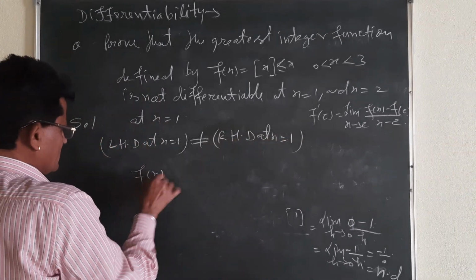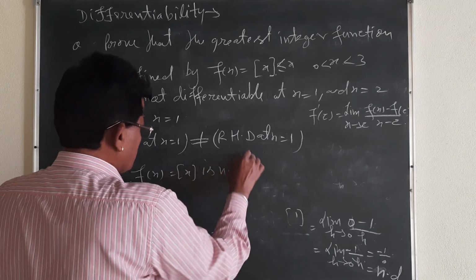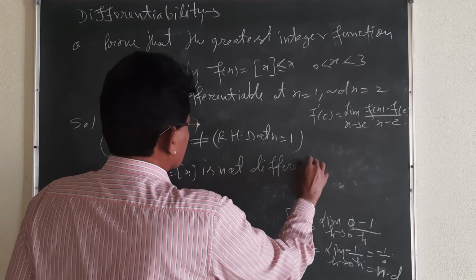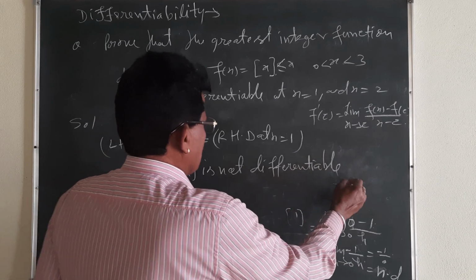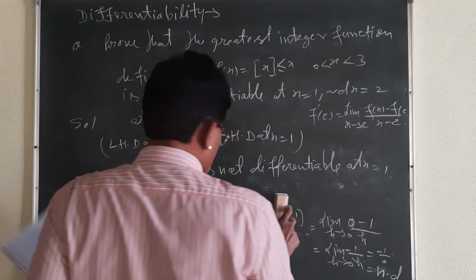So f(x) is equal to greatest integer function is not differentiable at x is equal to 1. It is not differentiable. There it is.